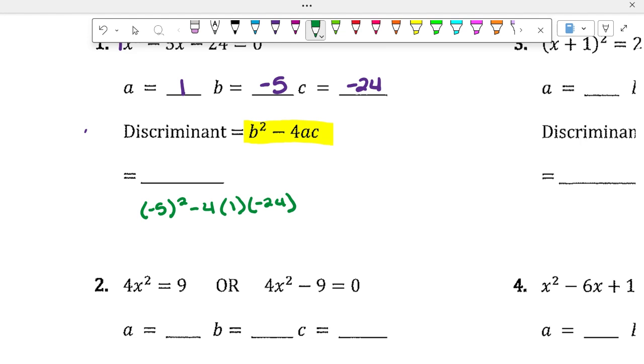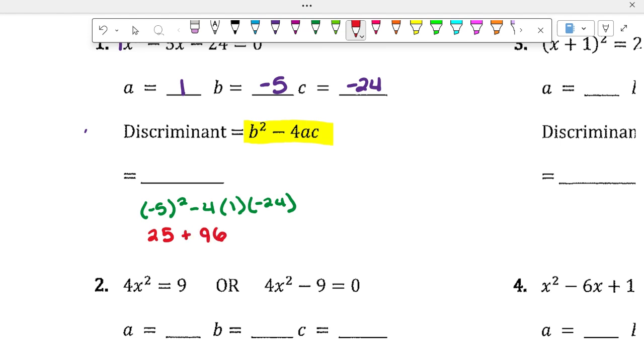What's negative 5 squared? Positive 25. Negative 4 times 1 is negative 4. What's negative 4 times negative 24? You guys got calculators in front of you, right? It's what?